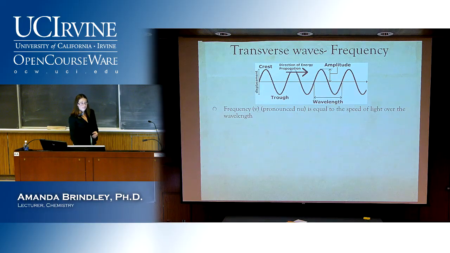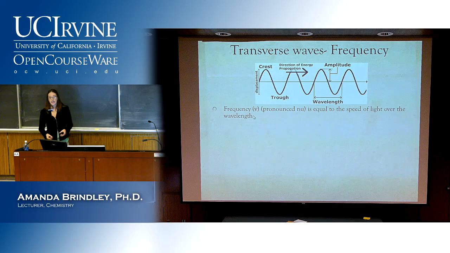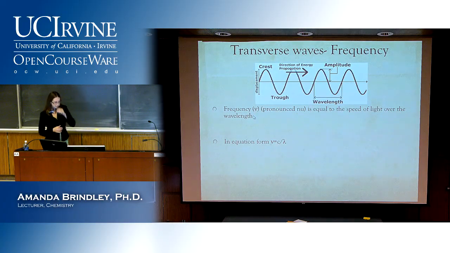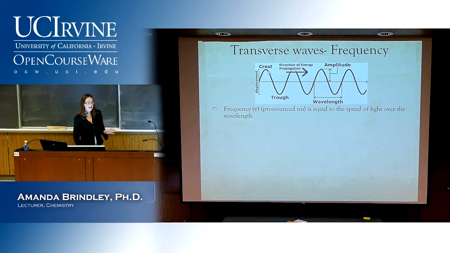This is not a V, it's a nu, a squiggly V. Make sure you notice that, because we'll be talking about both V and nu in this chapter, and because the computer fonts make them look very similar, you're going to have to know which they are based on context. That shows up in a lot of cases. Nu is not speed, you don't want to think of it as speed, but it gives a measurement of how many cycles you can get in 1 second.